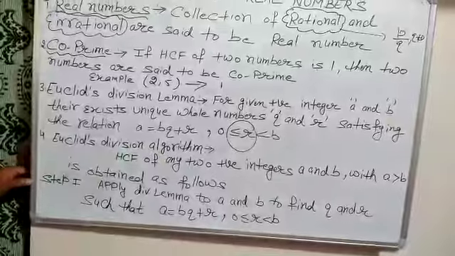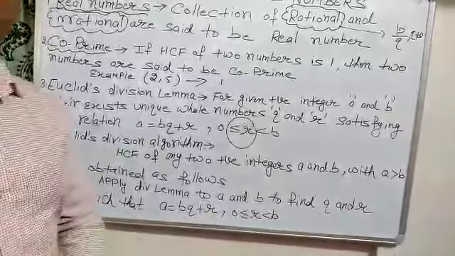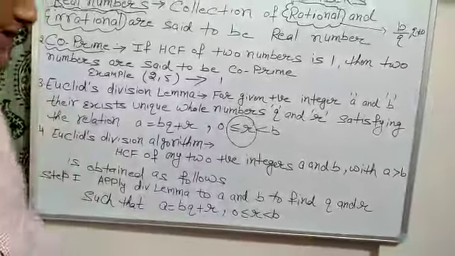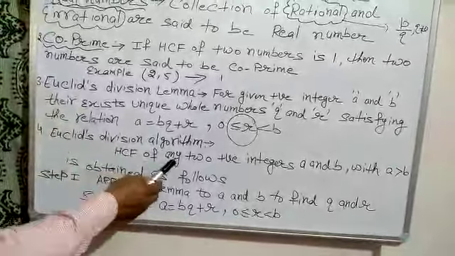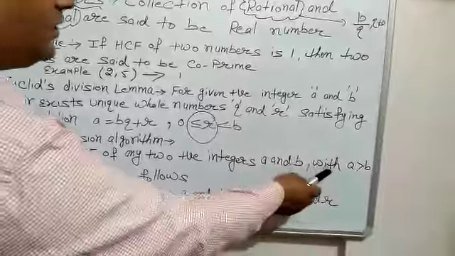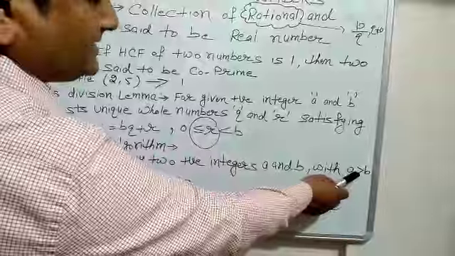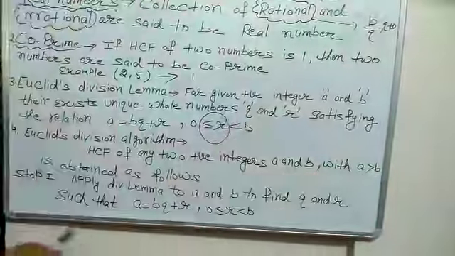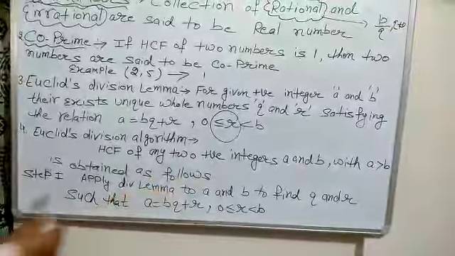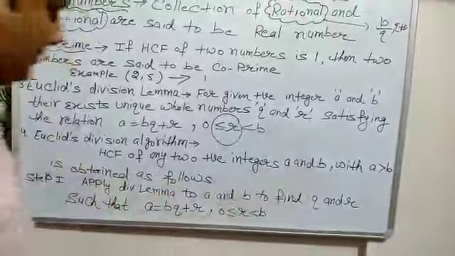The division algorithm is helpful to find the HCF of two as well as three numbers. The HCF of any two positive integers a and b, with the condition a greater than b, is obtained as follows, meaning how we find the HCF of two numbers.